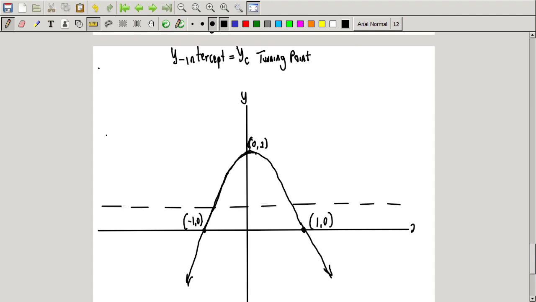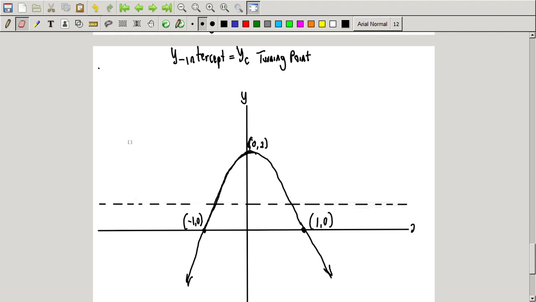They're very skewed. Okay, let me just do a line and maybe try to erase it. Good.